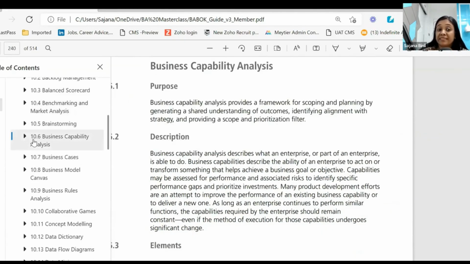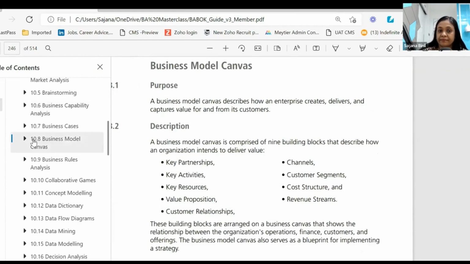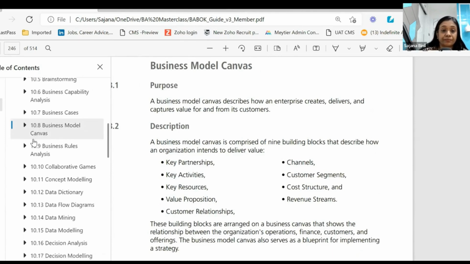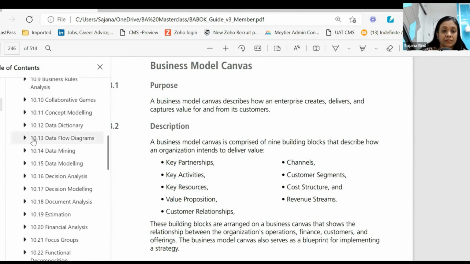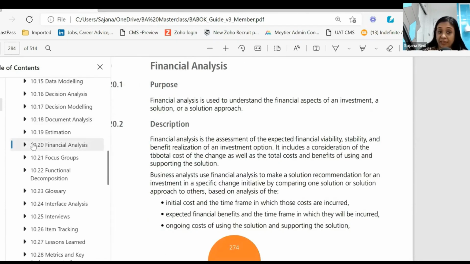10.6 business capability analysis. This is again an advanced level technique. 10.8 business model canvas. This again you can exclude. 10.20 financial analysis.